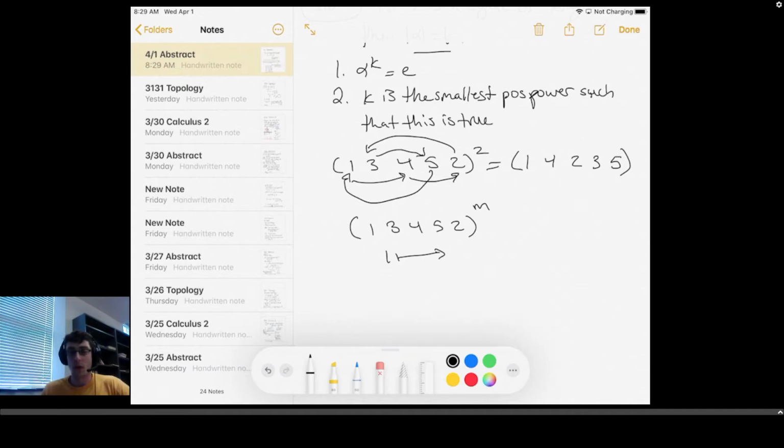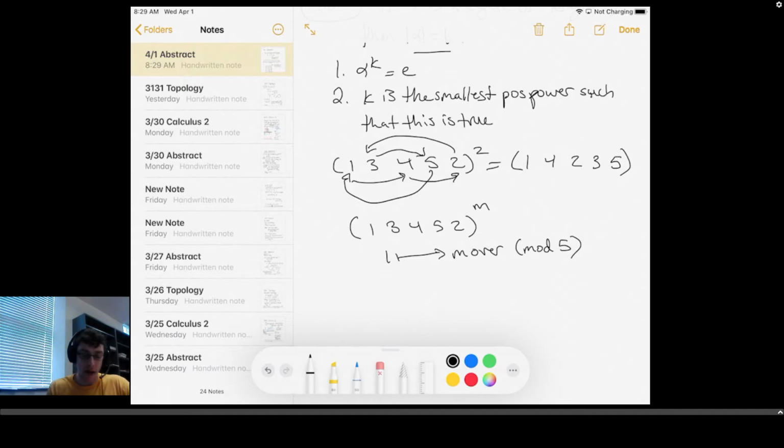So where should this go? It will move a distance of m. Yeah, so it goes m over, but this is mod 5, right? Because what does it mean to go 8 over?